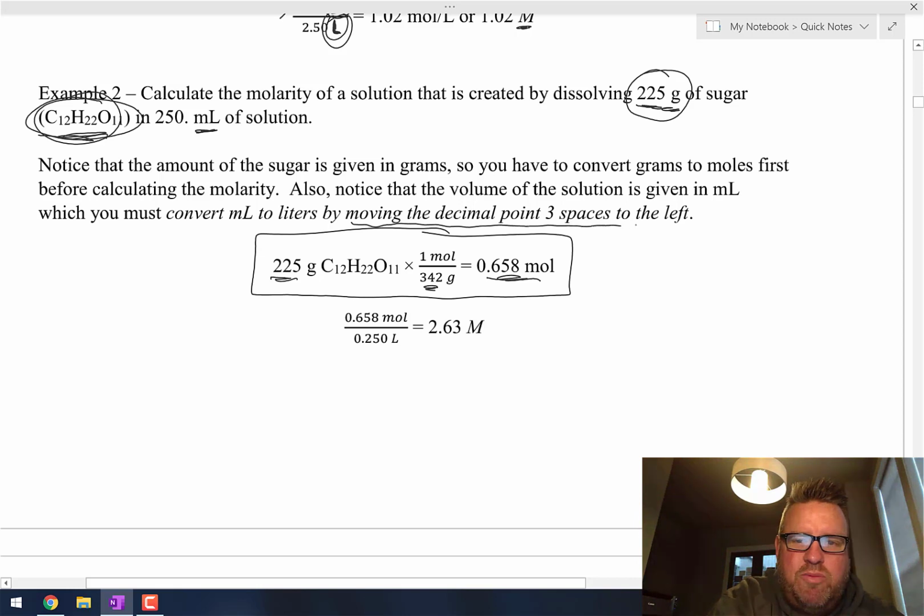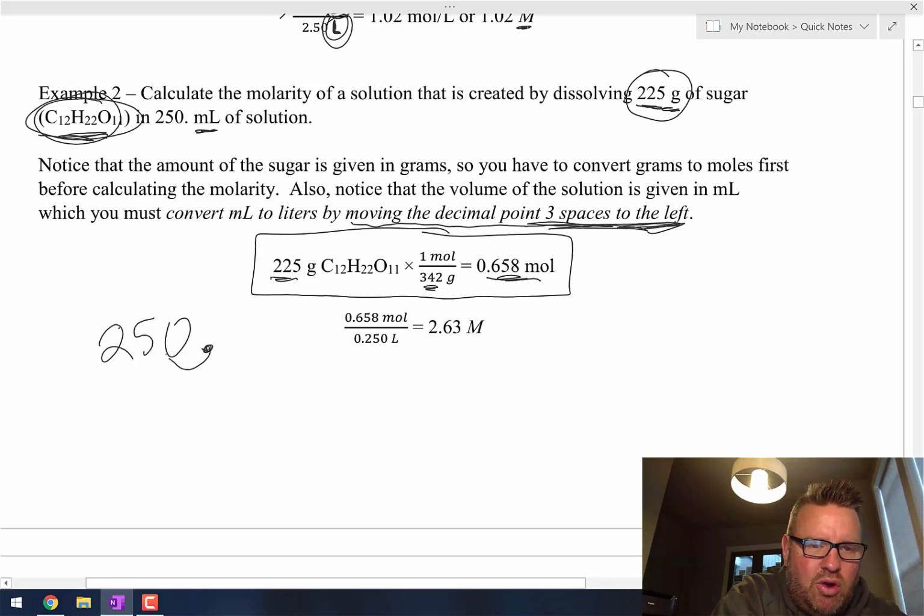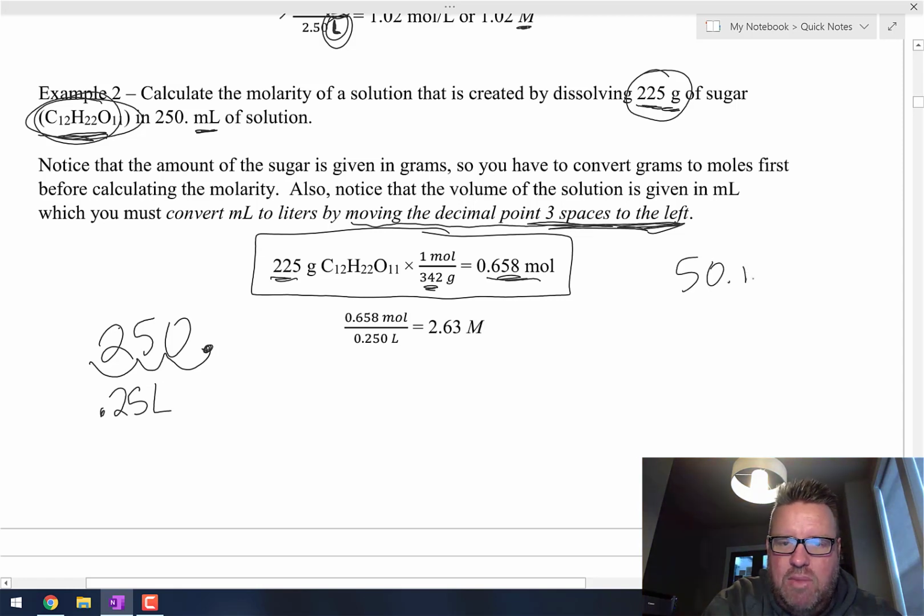Move the decimal point 3 spaces to the left. So anytime you have a solution where the volume is given in milliliters, you're going to take that decimal point. So 250, and the decimal point is here, you're going to go 1, 2, 3, and that equals 0.25 liters. What if it was 50 milliliters? Then same thing, 1, 2, 3. See that empty space we have right here though?